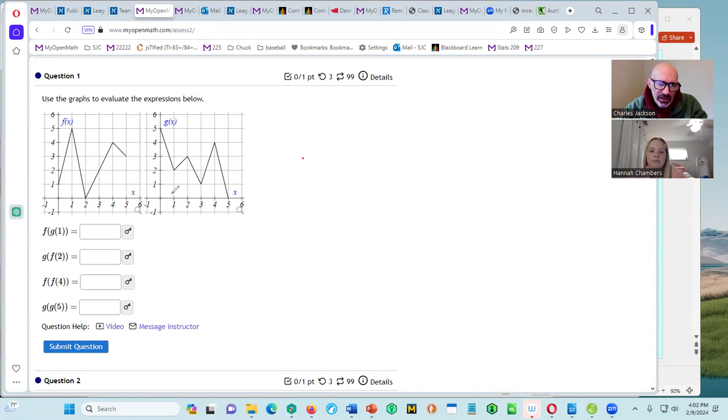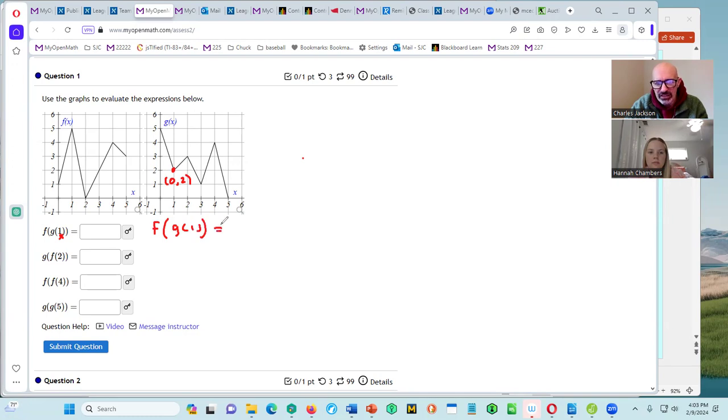So f of g of 1, you're going to say, okay, well, let's see, g of 1: the x value is 1, what is the y value when x is 1? Well, it's 2. And so what you have to do is show the one intermediate step for a problem like this between the question and the answer. I've got to see that number 2 somewhere. So you say, okay, f of g of 1.